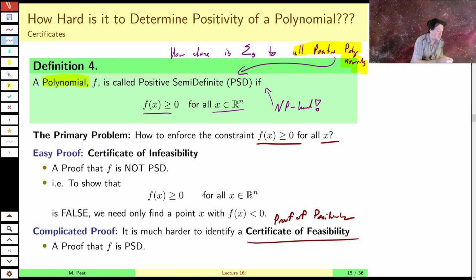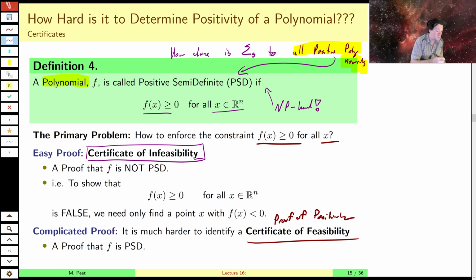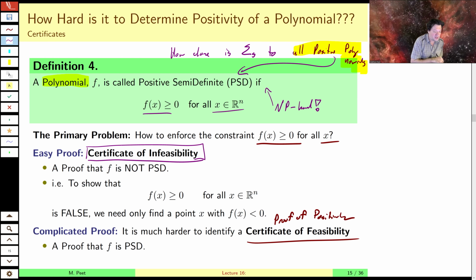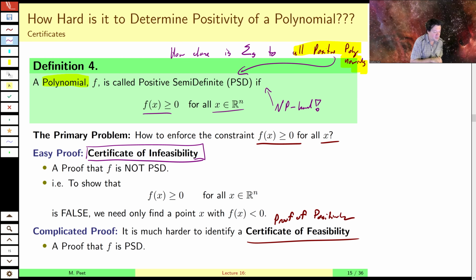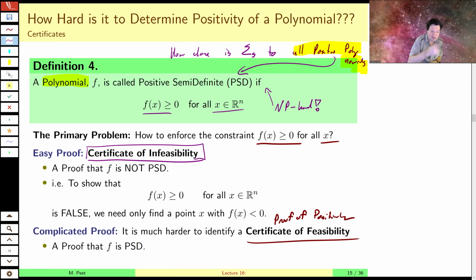So that's a certificate of infeasibility, a proof of not positivity. But the question of how to construct proofs of positivity has been studied in great depth. And sum of squares is one of those techniques for constructing proofs of positivity. But of course, it's not the only one.